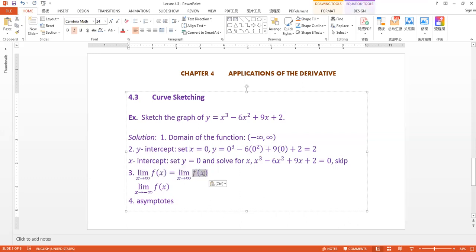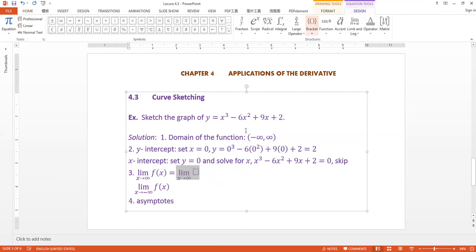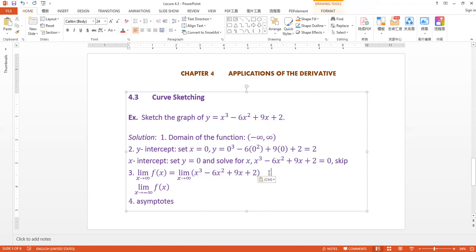Evaluate the limit of the function as x approaches positive infinity. By the way, I'm using the notation f(x).